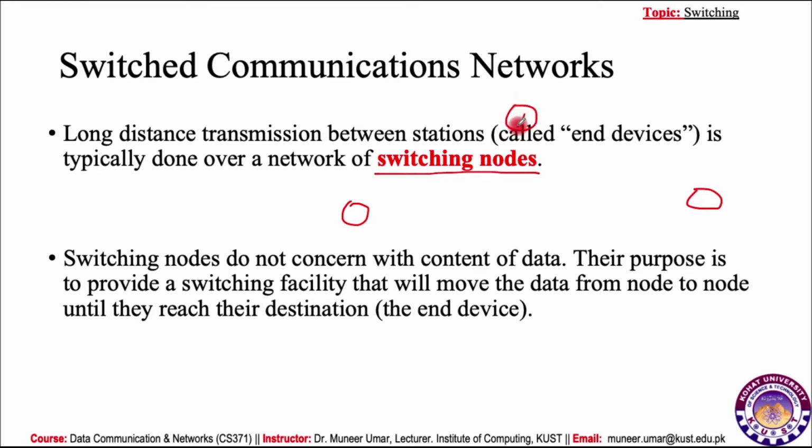It is possible that we may have some other devices in between these two devices which divert the traffic from one node to another node and ultimately reach the destination node. So these nodes are referred to as the switching nodes. So the data is actually routed from one node to another node by using these switching nodes.